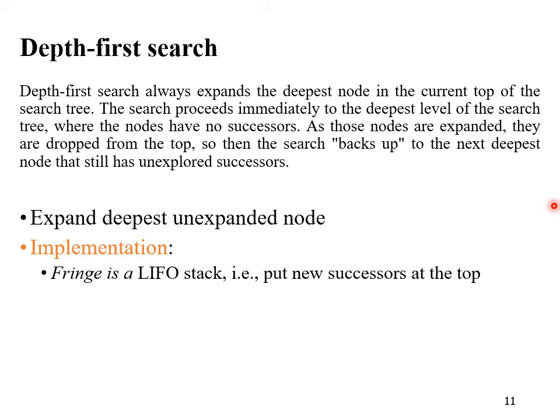In this case, expand the deepest unexpanded node first. Then, if all the deepest unexpanded nodes have been finished, we will backtrack. Implementation: the fringe is a LIFO stack, that is, put new successors at the top.